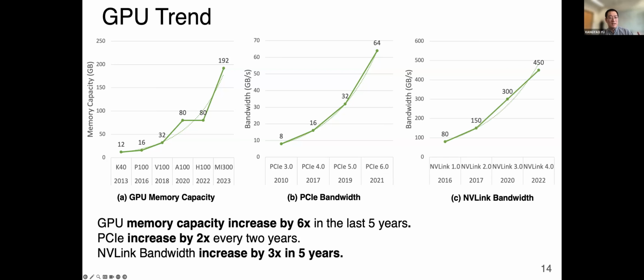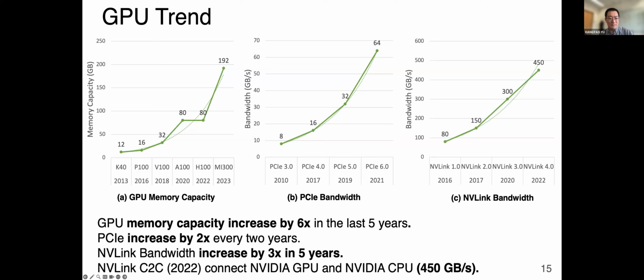And furthermore, within GPUs, there is a connection technology called NVLink that can give you hundreds of gigabytes per second, and that has also been increasing rapidly in the last few years, right? Another thing is NVIDIA has been developing a new interconnect between their own CPU and GPU, where they can use NVLink.